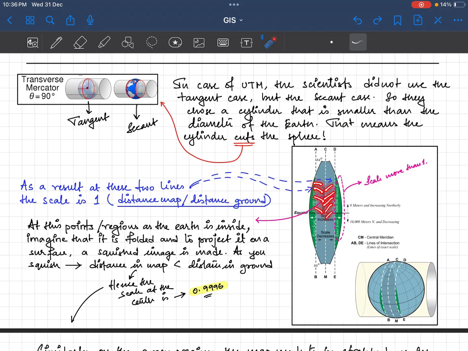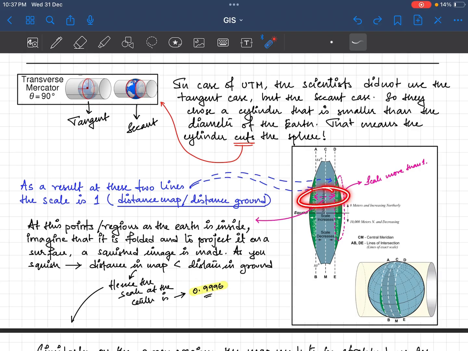It is already outwards, so you have to compress it. That is why the scale is always less than 1, which is around 0.9996. As we design a system where at the middle the scale decreases below 1 and on the outside it increases above 1, the overall error minimizes or balances out. This is the choice that the scientists made.